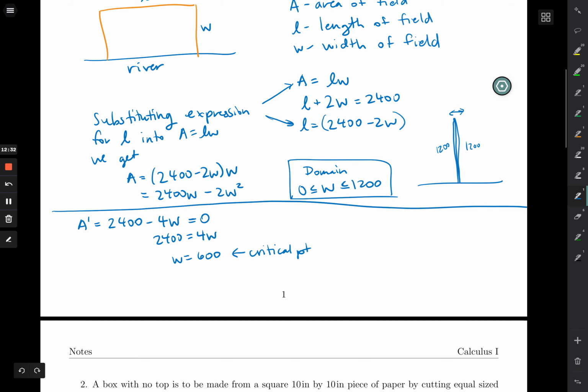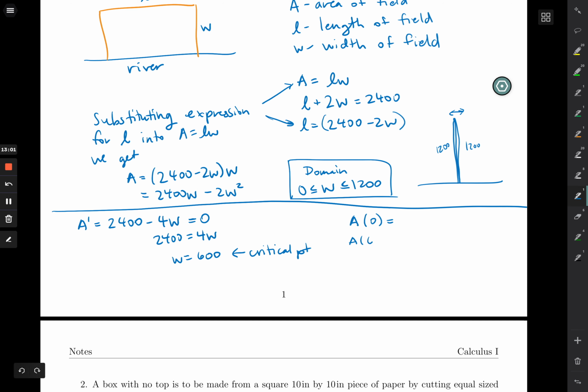Just one. And then what we have is one critical point, and we are looking to maximize A on the interval 0 to 1,200, right? So remember, if we want to find the absolute max on a closed interval, all we do is take our function and evaluate it at the endpoints and also at any critical points in the interval.